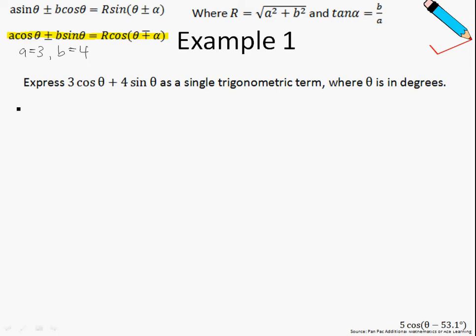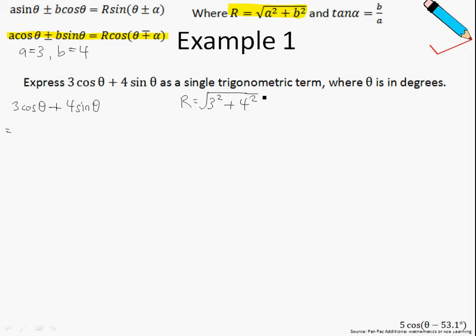From here, let me express 3 cosine theta plus 4 sine theta equals R cosine theta minus alpha, but what exactly is R? So let me work out my R to be the square root of a square plus b square, which is 3 square plus 4 square.